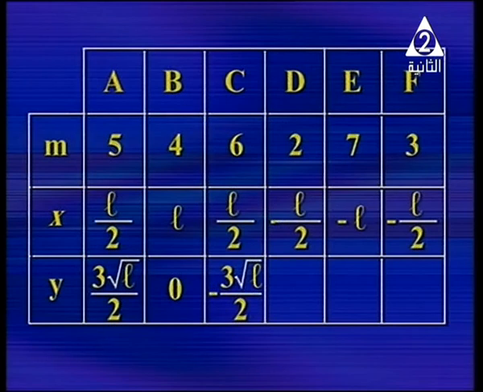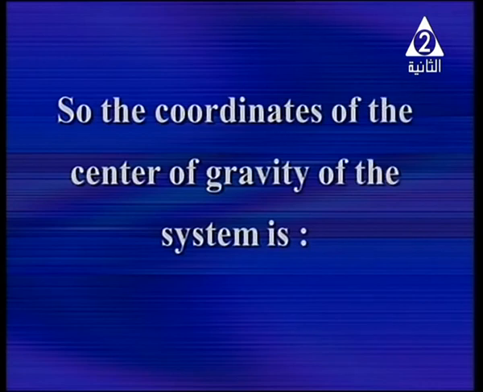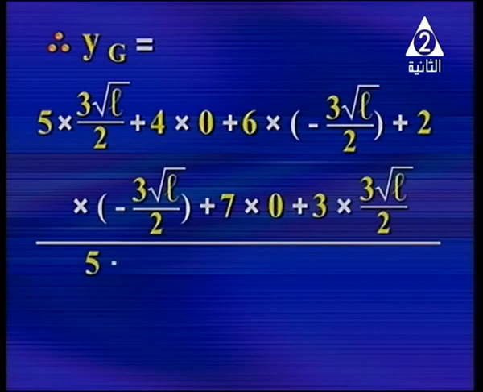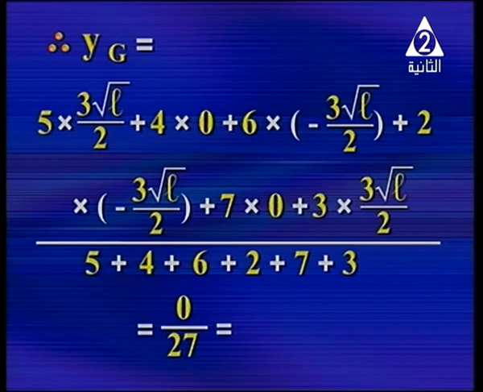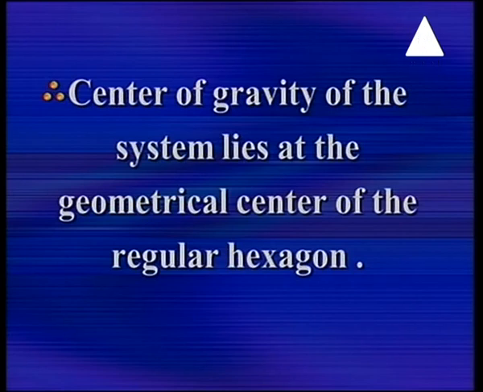Also Y: root 3 L over 2, 0, negative root 3 L over 2, negative root 3 L over 2, 0, root 3 L over 2. Find the coordinates of the center of the system: xg becomes, by the same method, equal to 0, and yg by the same method equals also 0. Then what do you deduce? The center of gravity of the system lies at the geometric center of the regular hexagon.